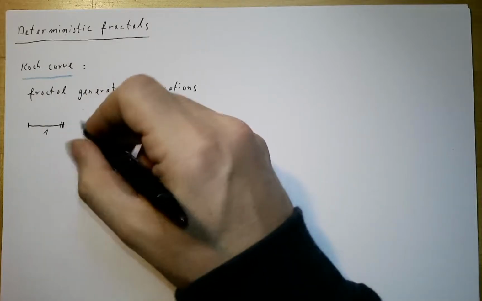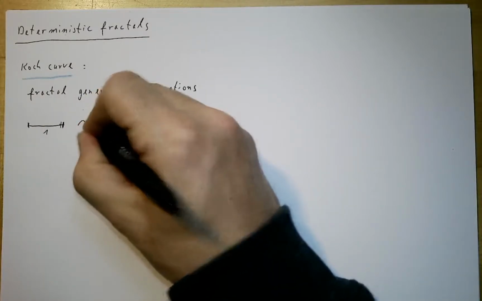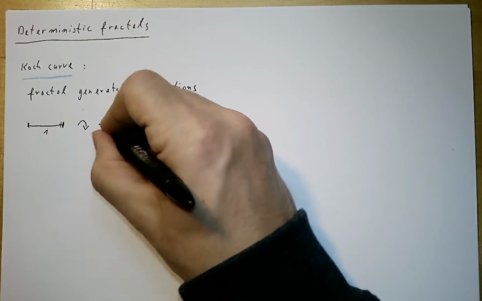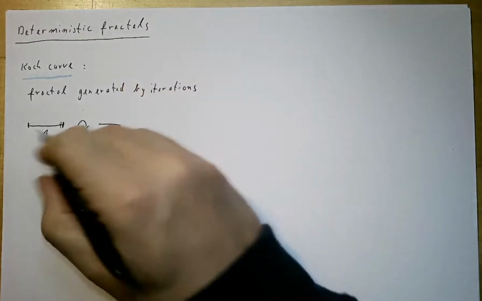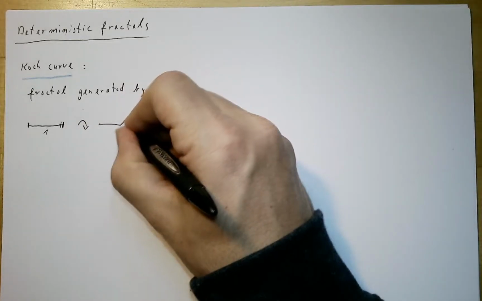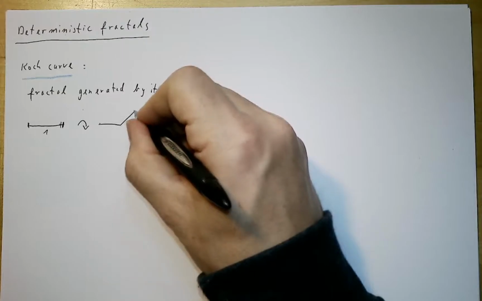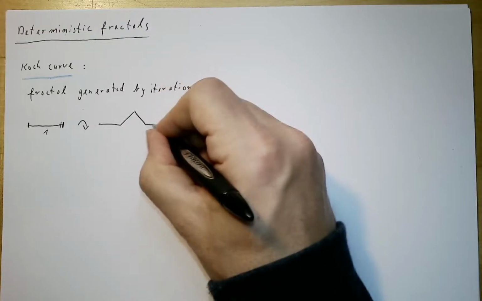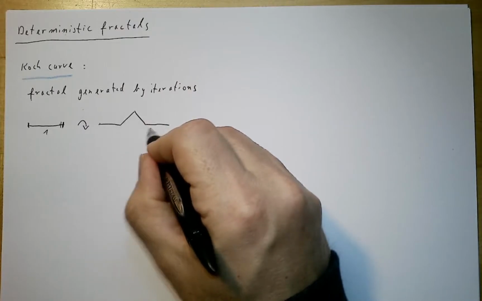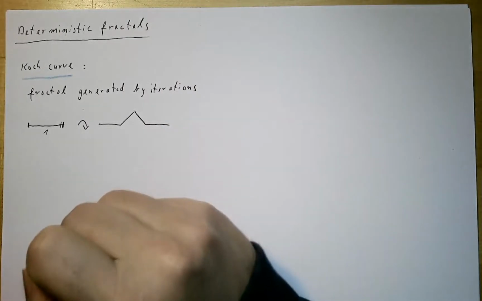And now we go to the next iteration. What we're going to do, we take the object. So that was this object, just written a bit smaller. Then we make another copy of this object, another copy, and another copy. So we have 4 copies of this object.